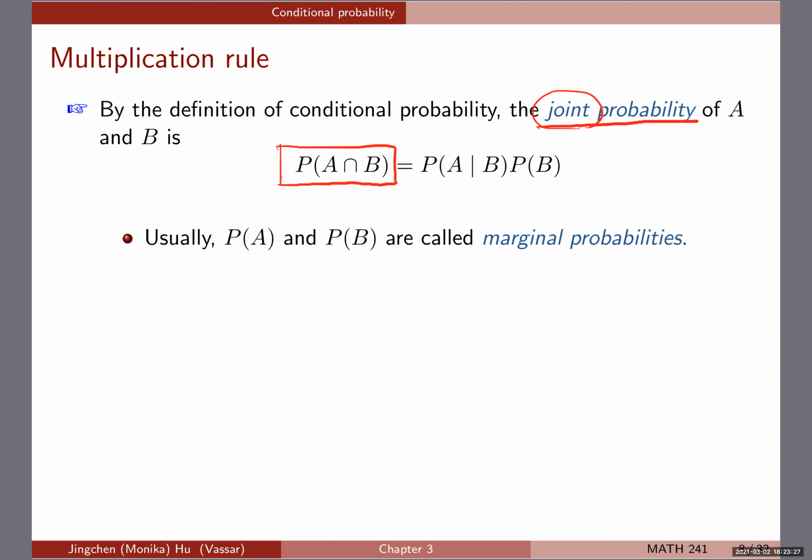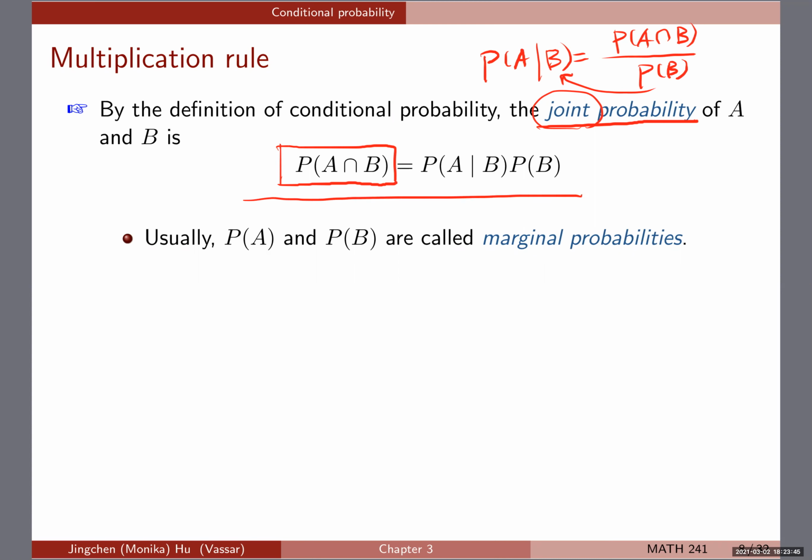If you recall, our definition of conditional probability has this form, right? If I rearrange the terms a little bit and bring this to the left-hand side, then we have this particular result. The joint probability of A and B is the product of the conditional of A given B multiplied with the marginal, what we call marginal, about only one event at a time.